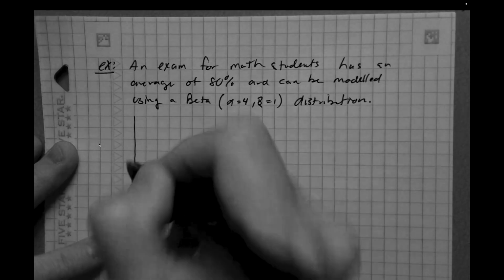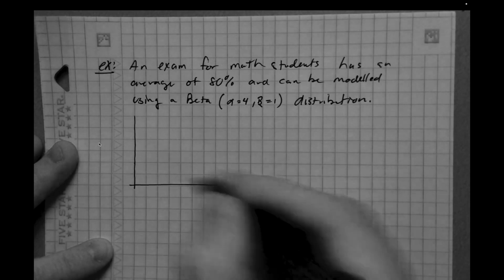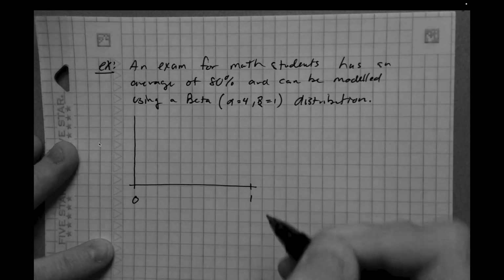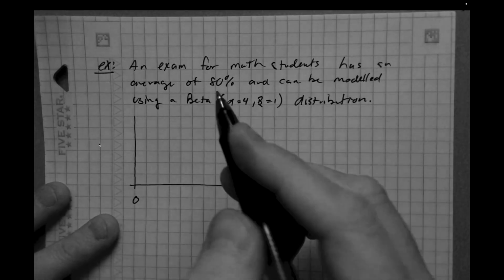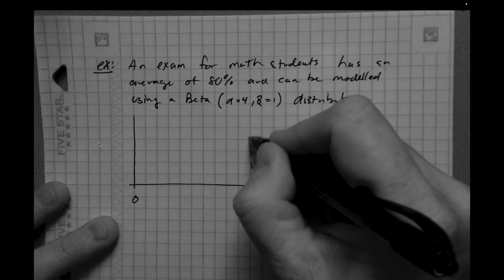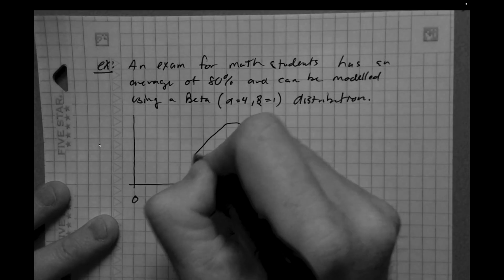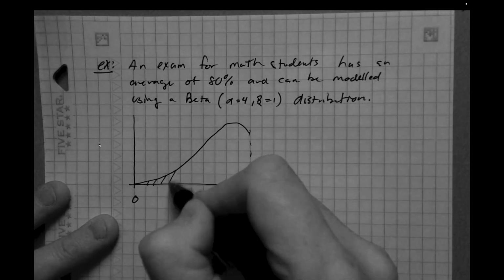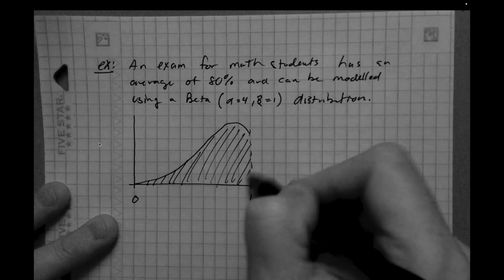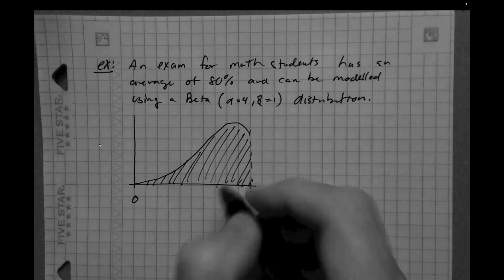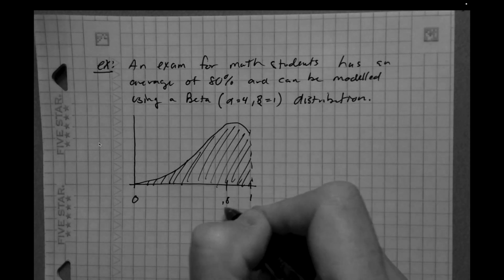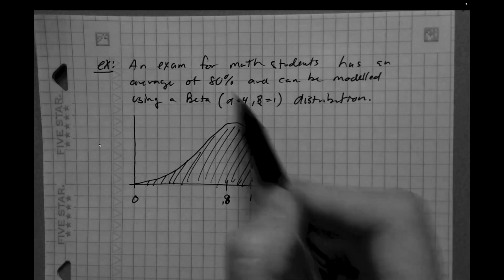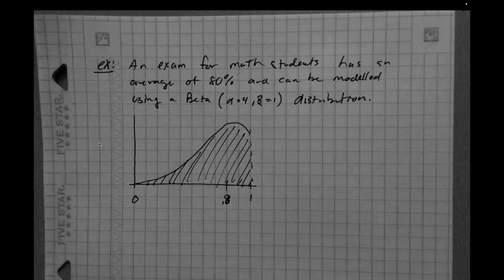So if you were to either figure out how to plot this yourself or use some kind of a tool, what you'd find is that the distribution looks a bit like this. Okay, so it's something like this. Right, so the average is up here by about 0.8 as it's given. 80% is the average, and so this kind of makes sense given that piece of information.